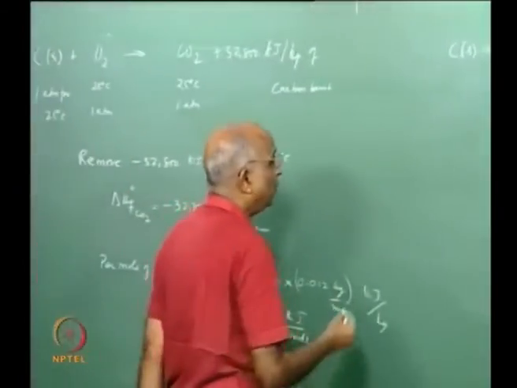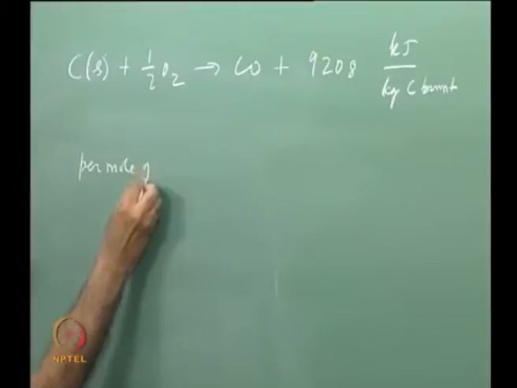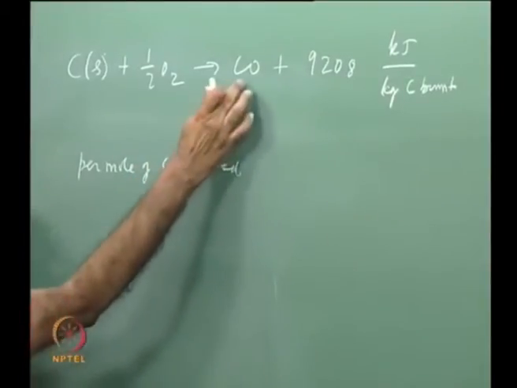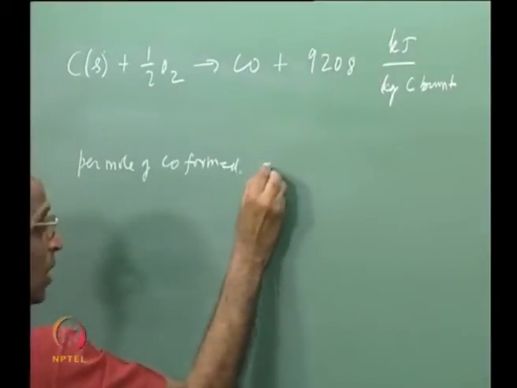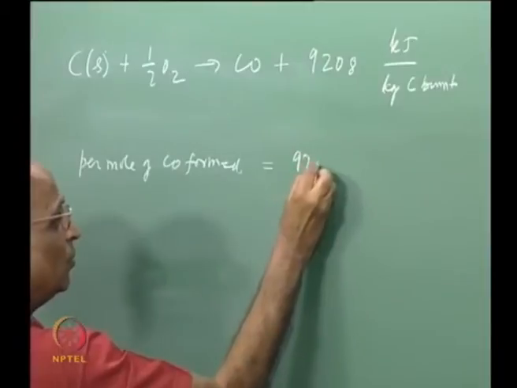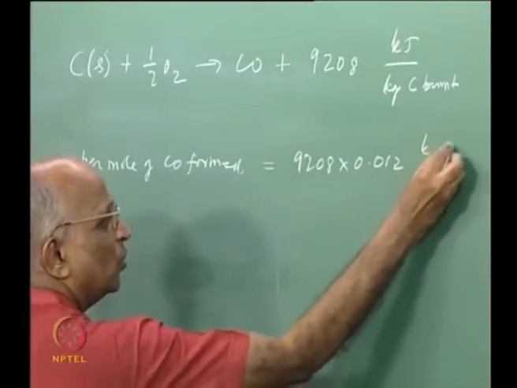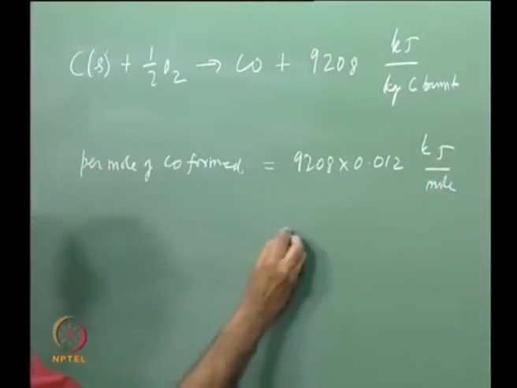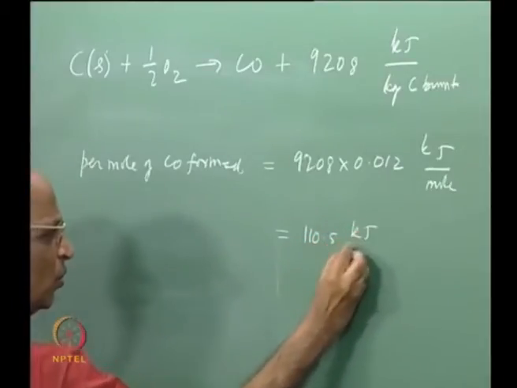Therefore, now I can quickly do it. Per mole of CO formed, to form 1 mole of CO I need to burn 0.012 kilograms of carbon. Therefore, I get 9208 into 0.012 kilojoules per mole of carbon monoxide, and this is equal to something like 110.5 kilojoule per mole.